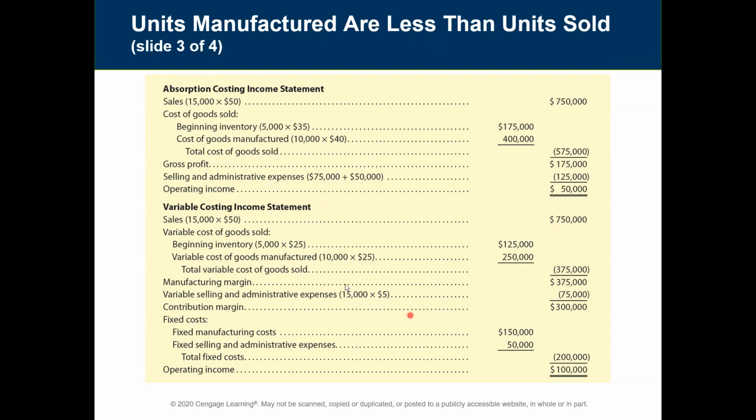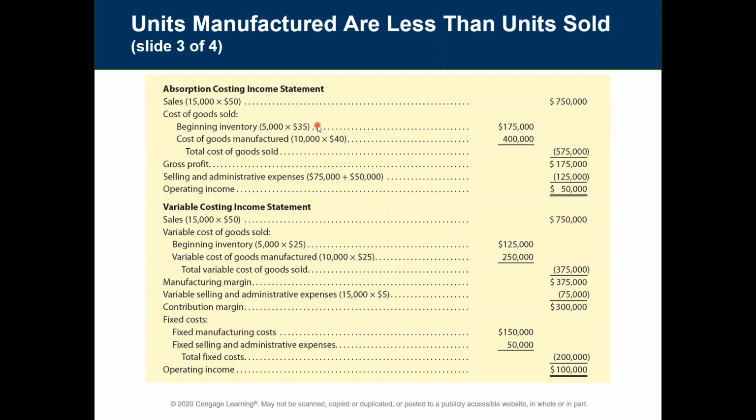So under variable costing, we are now including all of the, let me start with absorption costing. Under absorption costing, the beginning inventory, remember, had the fixed costs from a previous period, right? They were carried forward because that's how absorption costing works.